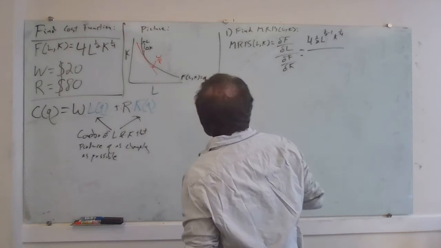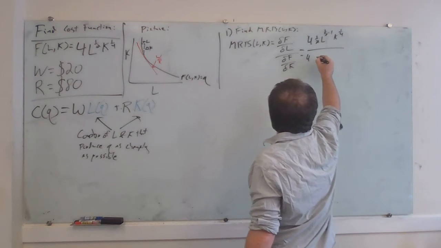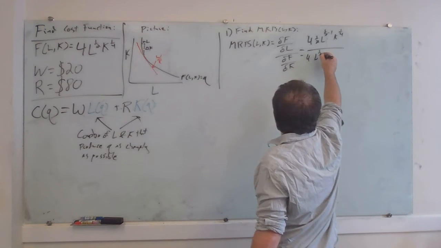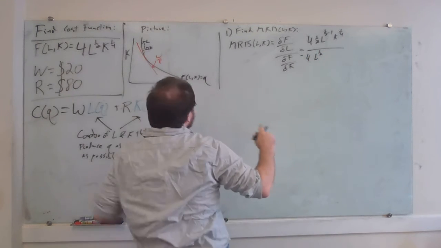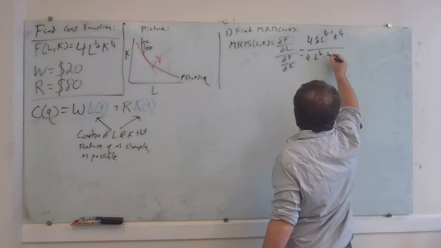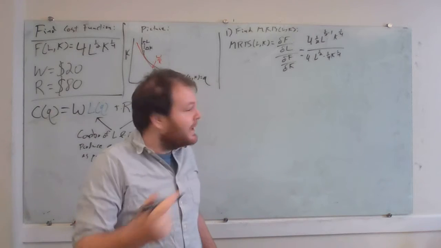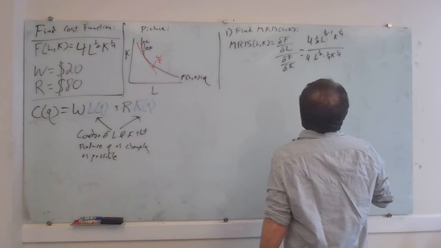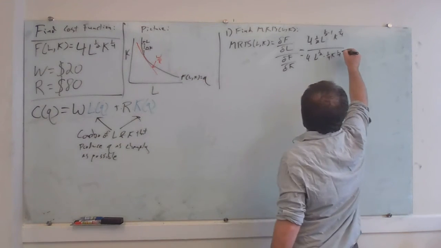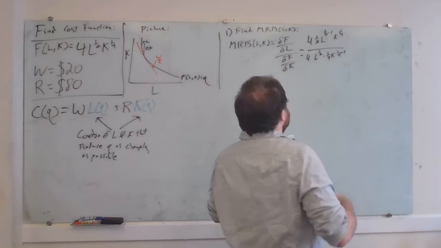And dF/dK is going to be 4 times L to the 1/2, treating L just as a number, times 1/4 K to the 1/4 minus 1. Right? This makes sense? So what do we do from here?